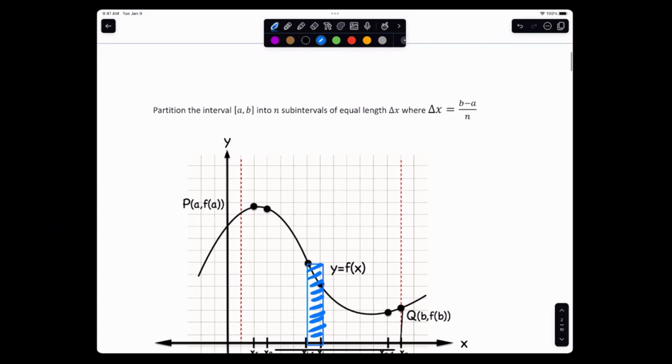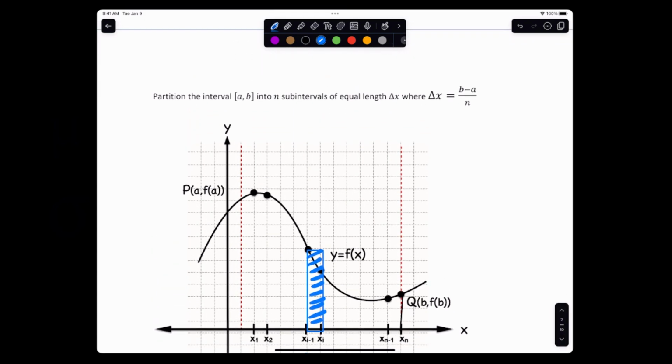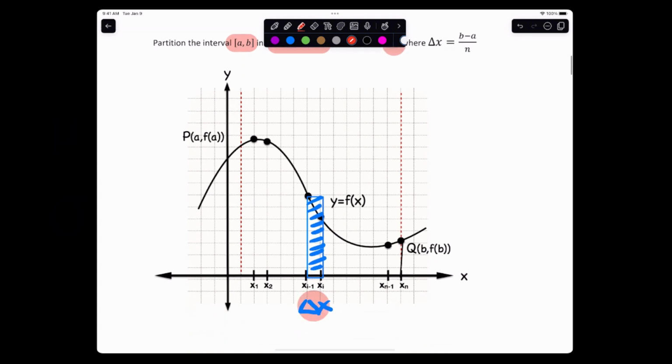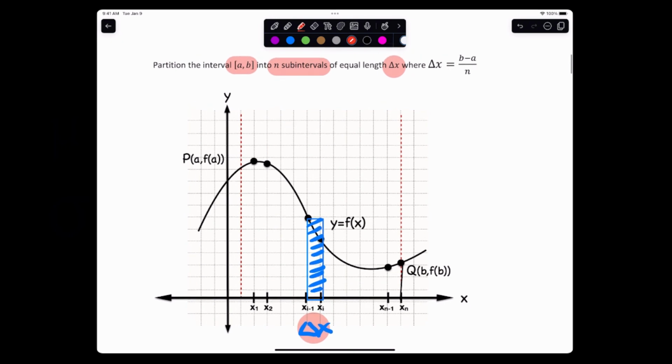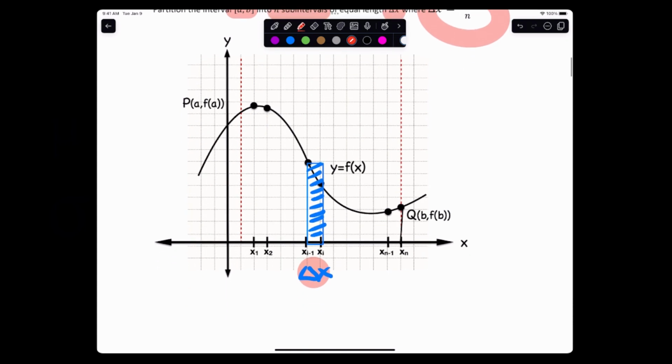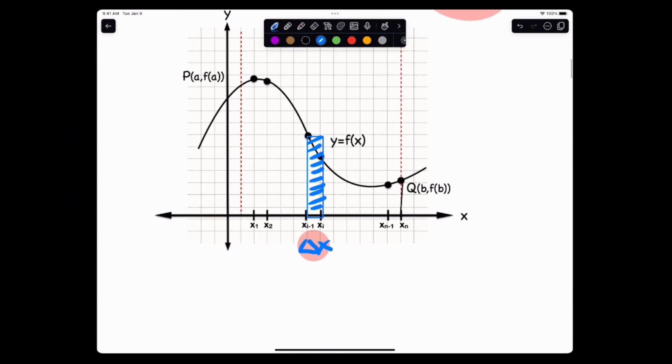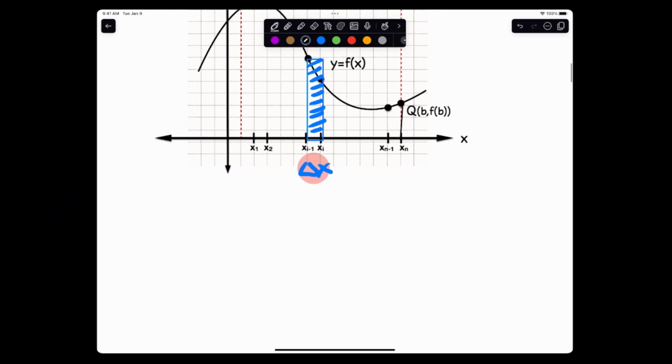Now remember what we did. We partitioned the interval [a, b] into what? N subintervals of equal length, delta x. And we had various formulas. Yes, delta x is (b minus a) over n.